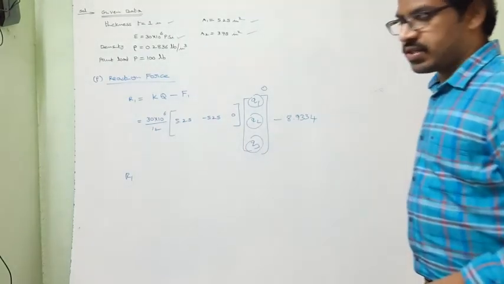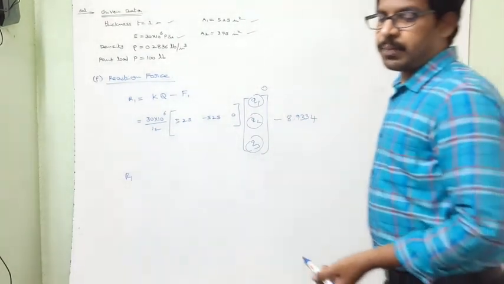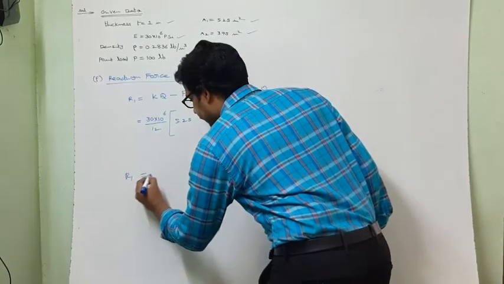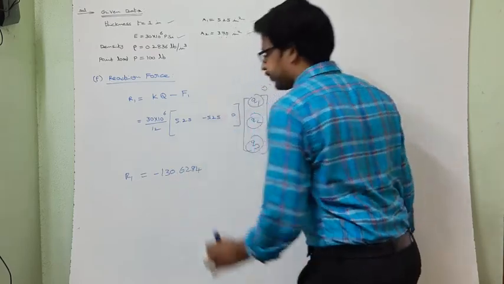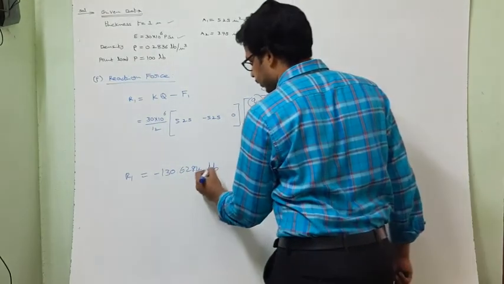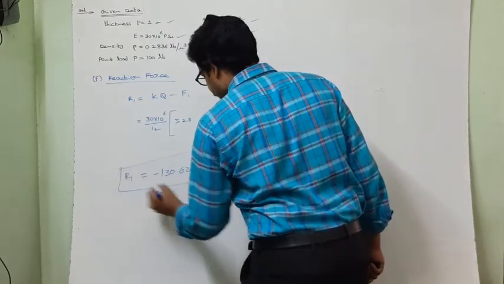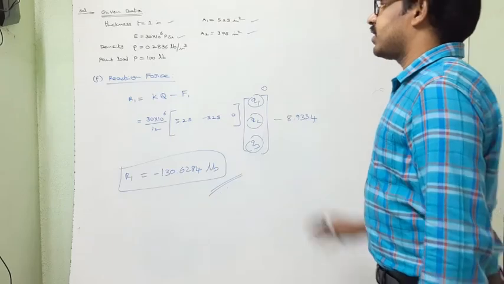In the reactive forces, R1 is equal to minus 130.6284. What is the units for reactive forces? So here LB. So this is the problem for converting the taper bar into stepped cross section.